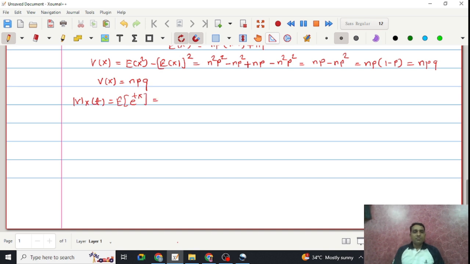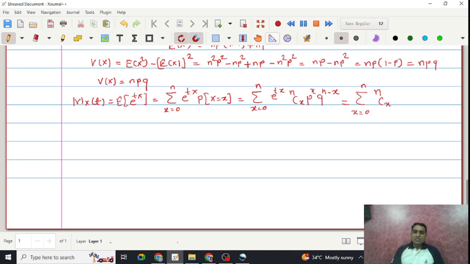By definition we take x from 0 to n of e raised to tx into probability of x equal to x, which is nCx p raised to x q raised to n minus x.